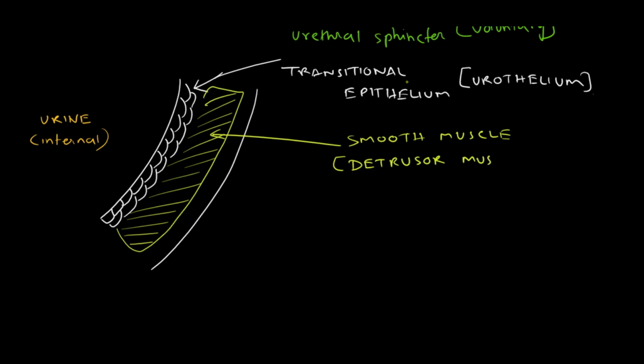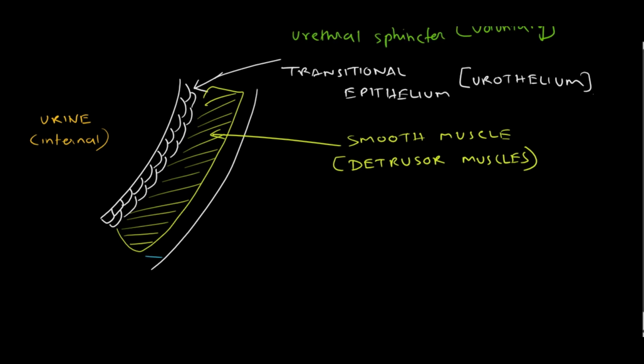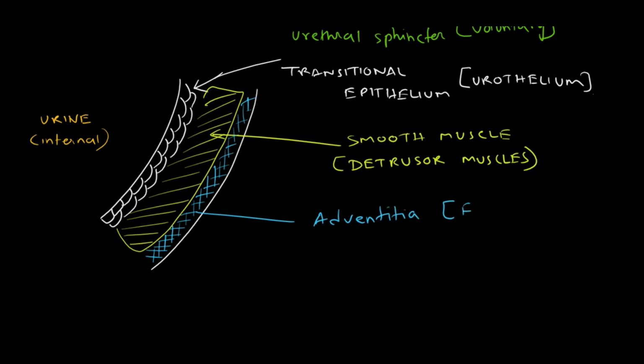So remember the name, detrusor muscles. And finally, the outer layer, similar to your ureter, is made up of fibrous connective tissue, and this is referred to as adventitia.